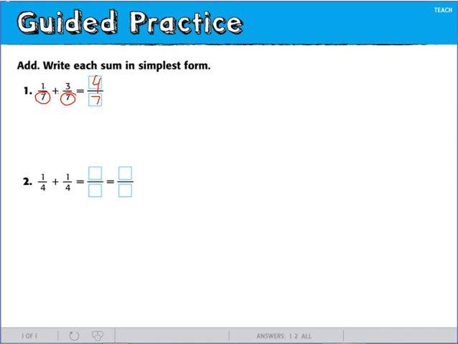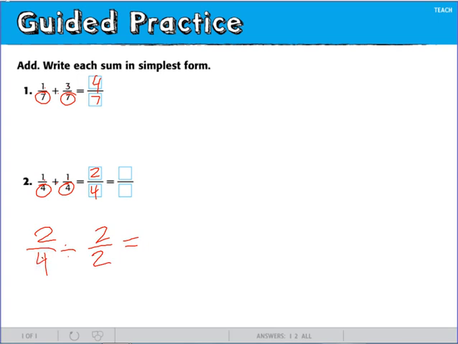Yep. Our next one, we have 4 and 4, so we bring our 4 over. Then we add the top. 1 plus 1 is 2. Now we have to simplify it. Okay? I want you to show your work when you simplify. What can I divide 2/4 by in order to simplify the fraction? Jeremiah? 2 halves. 2 over 2.